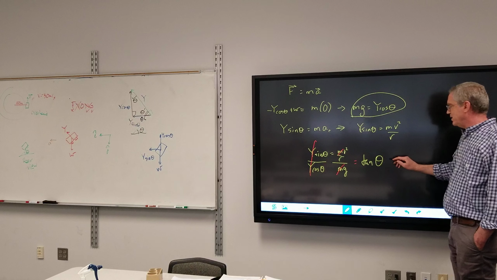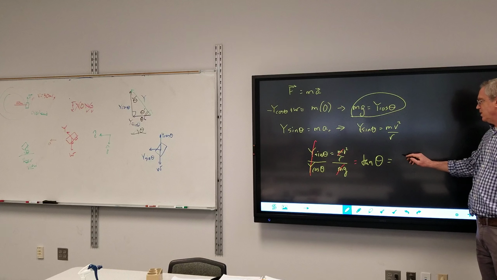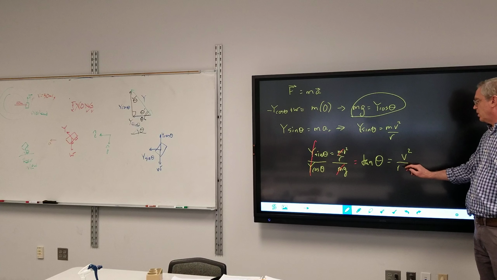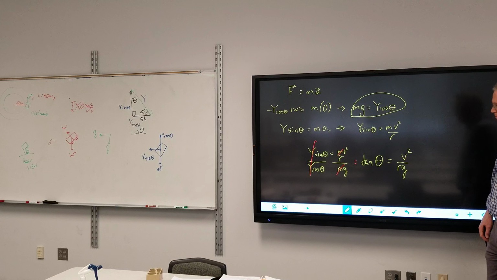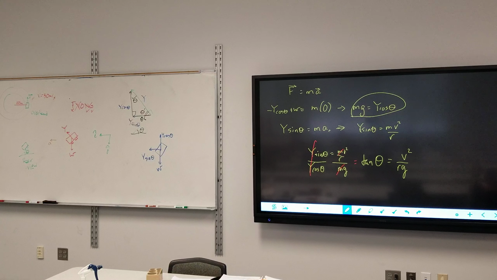Sine over cosine is tangent, which is then equal to v squared over rg. So my speed squared must be equal to rg tangent of theta. And so v is the square root of rg tangent of theta.